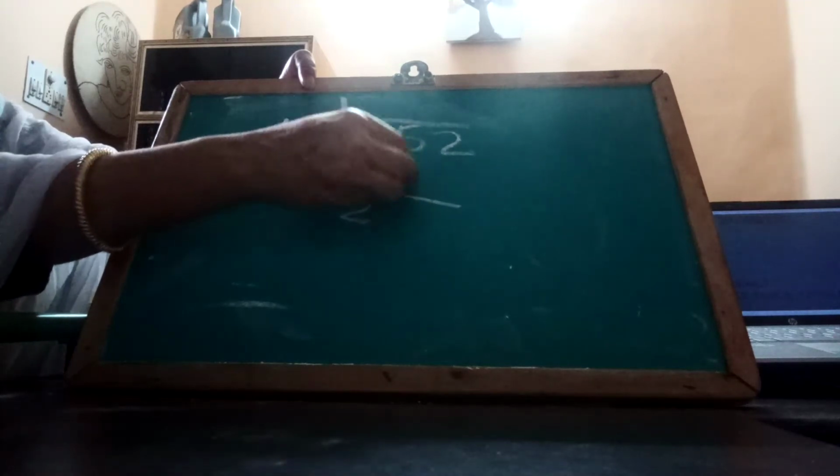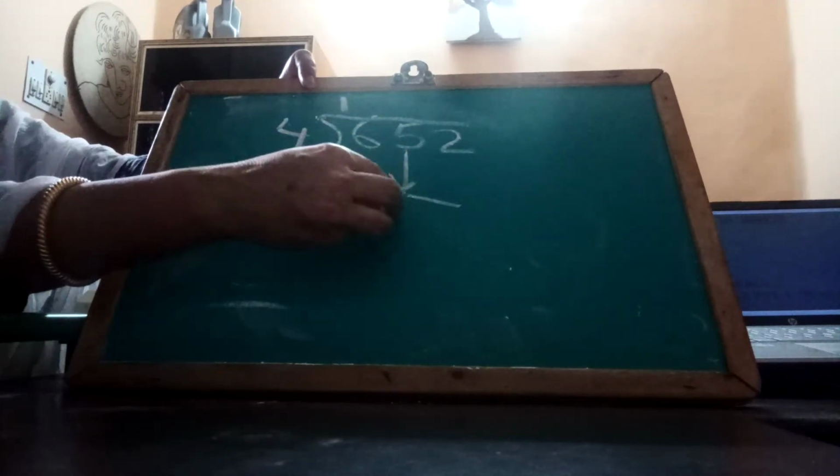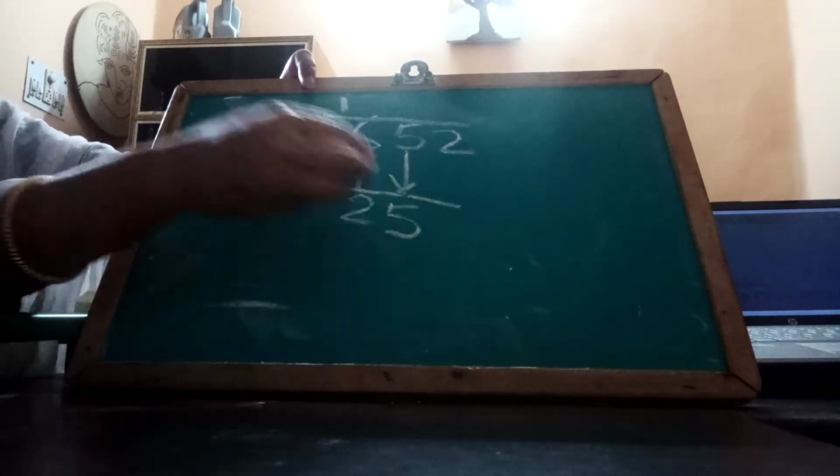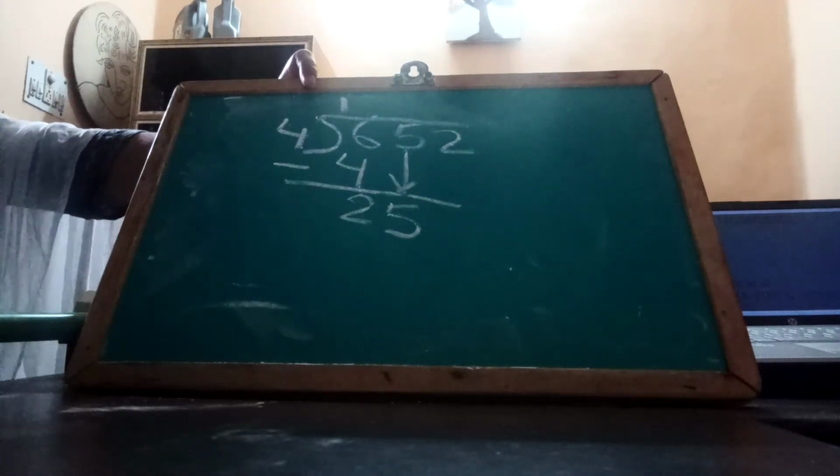So bring this 5 down. 25. Now think which number multiplied by 4 gives me 25. 25 is not divisible by 4.